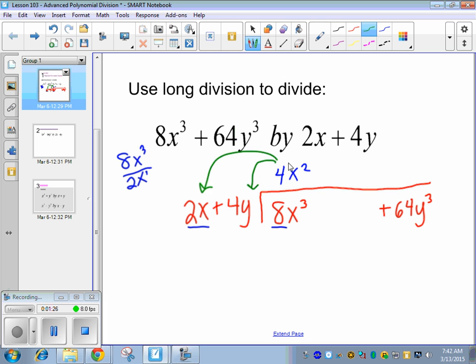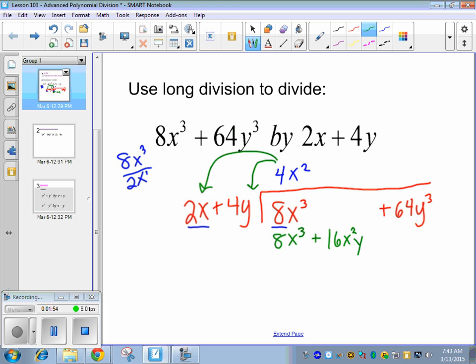So 4x squared times 2x equals exactly what you have here, 8x cubed. Then 4x squared times 4y: 4 times 4 is 16, and in alphabetical order, x squared y, so plus 16x squared y.